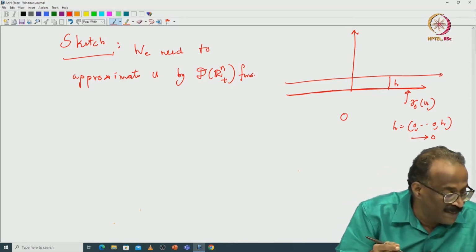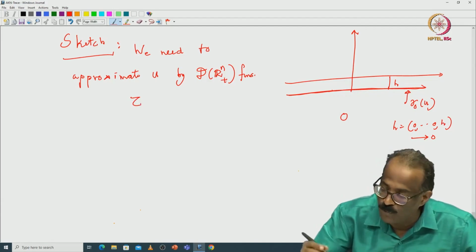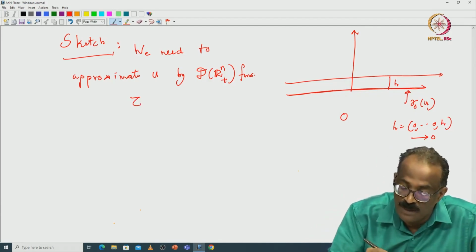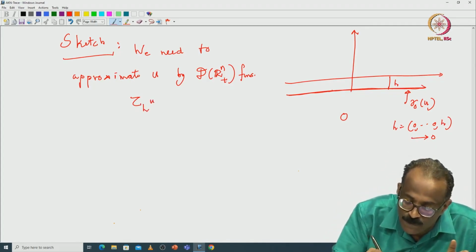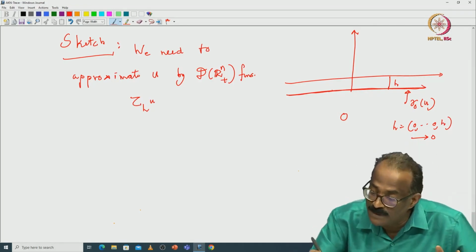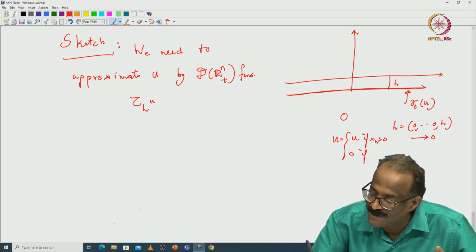So, what you do is tau h. You have your u and now you have an extended function, so you have tau h of u. I did not use tilde again here. Now u is u if x n is positive and 0 if x n is negative.